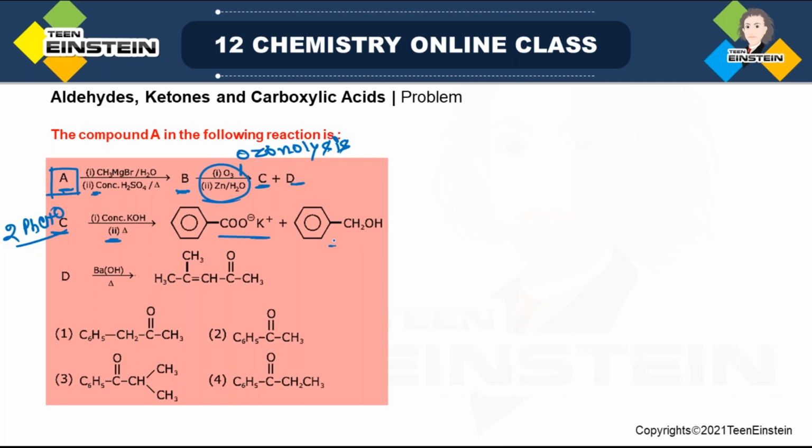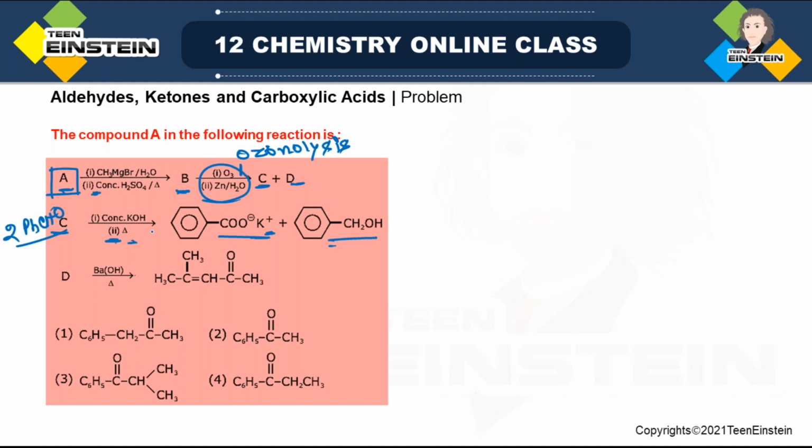Then only you can get these two products, carboxylate and alcohol, which is the Cannizzaro product. Two same molecules of aldehyde you have taken, and you are getting salt and alcohol. Why salt? Because you have not used any H plus in the last step. So C must be PhCHO.